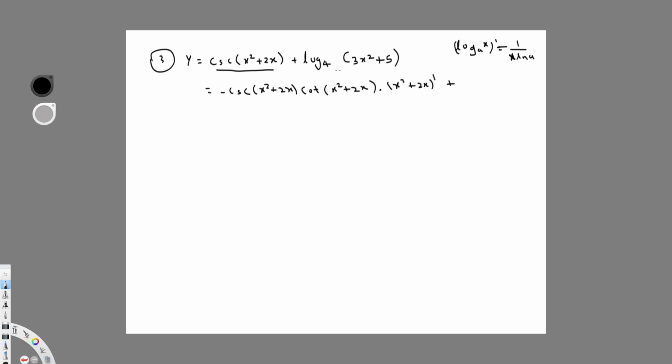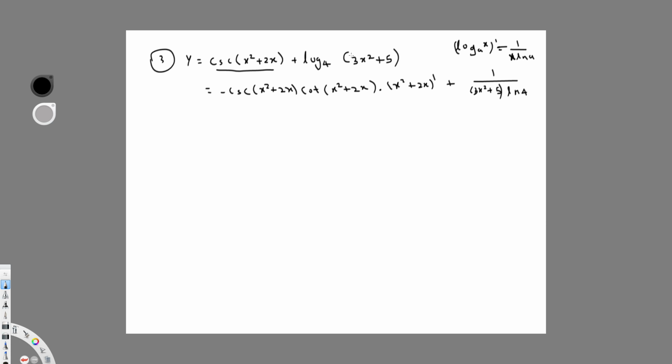It's going to be 1 on top, and 3x square plus 5 is going to be my x here. So I plug that value in, 3x square plus 5. Then we have 4 here, so it's going to be ln 4. So I have found the outside derivative.